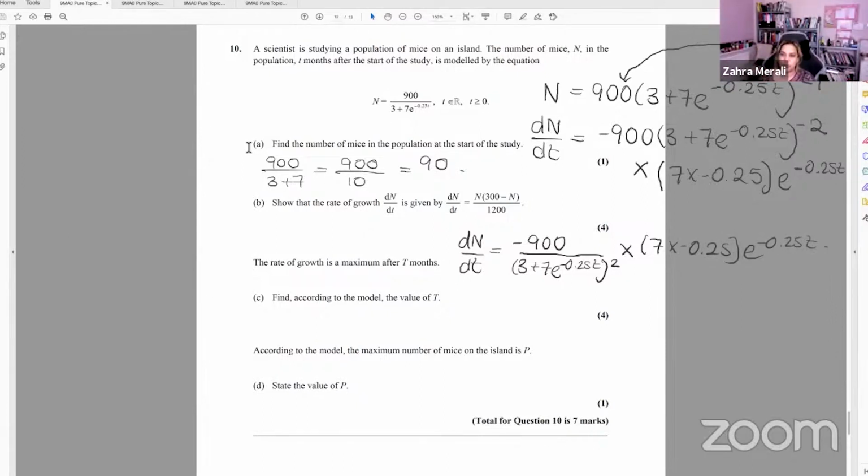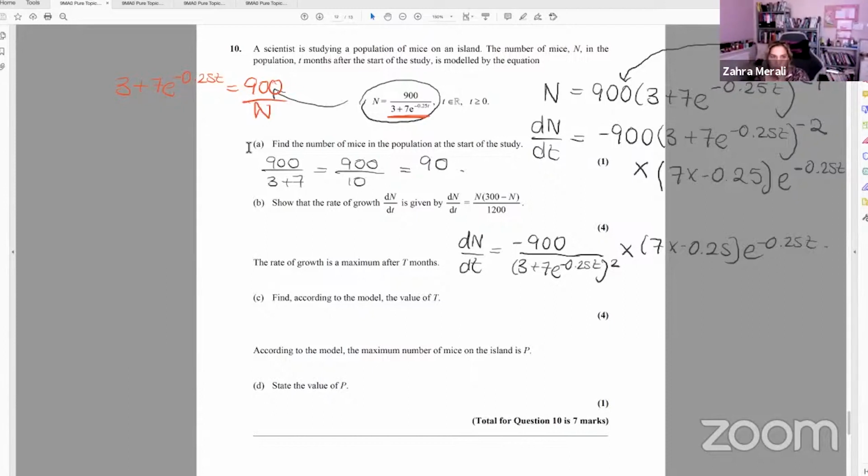Okay, what I want to do now is put that all in terms of N. So I'm going to look at what I have and try to rearrange different bits of it. I can see that 3 plus 7e^(−0.25t) is the same as 900 over N. You remember with fractions, you can just swap them.